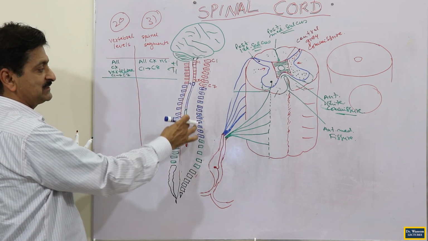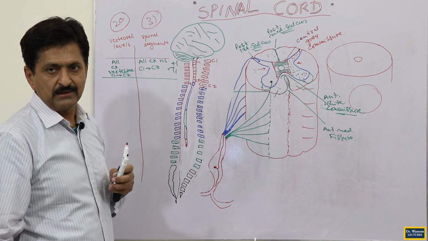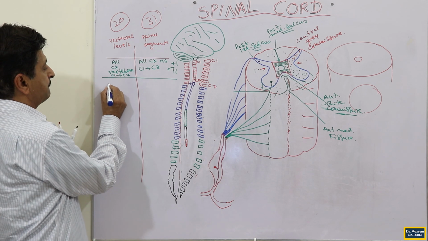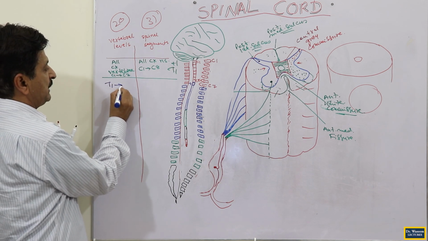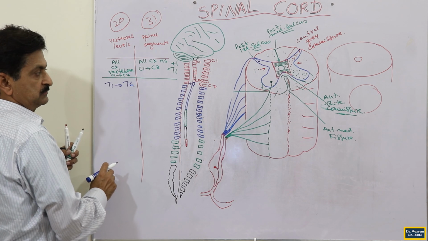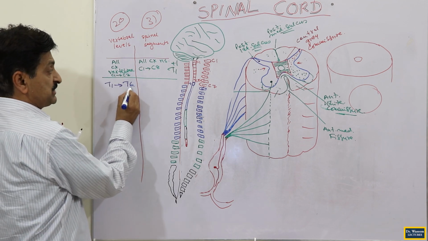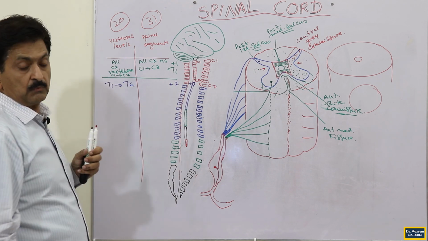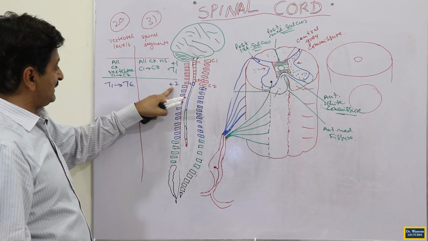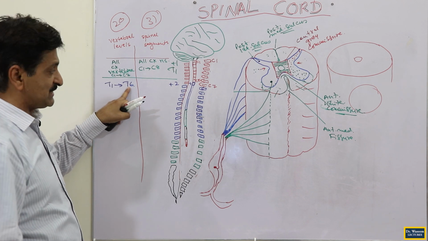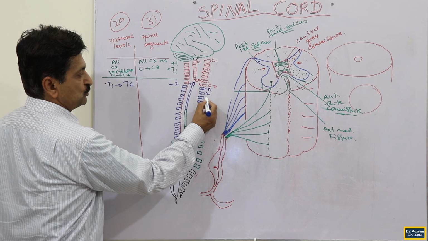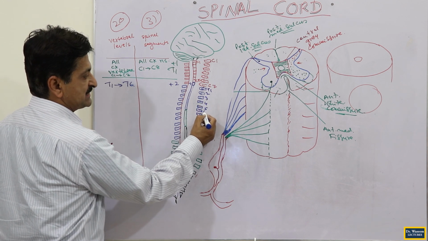Now we have the thoracic vertebrae. We have 12 thoracic vertebrae, but divide them in half. We say it is from T1 vertebra to T6 vertebra, but here you will say plus 2. What does this mean? When we start from T1, this is 2, this is 3, 4, 5 and 6.